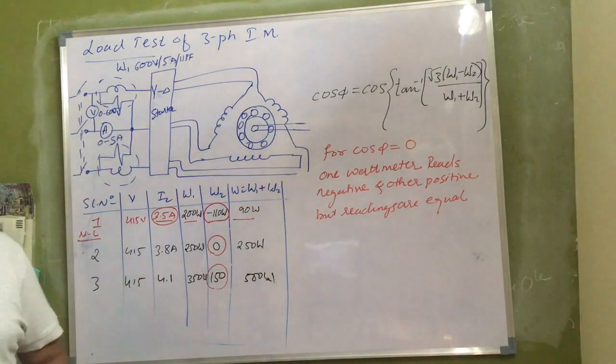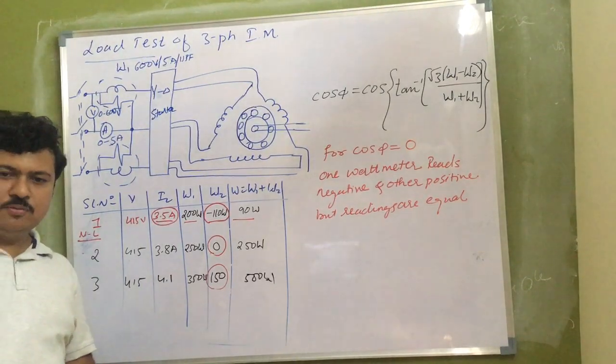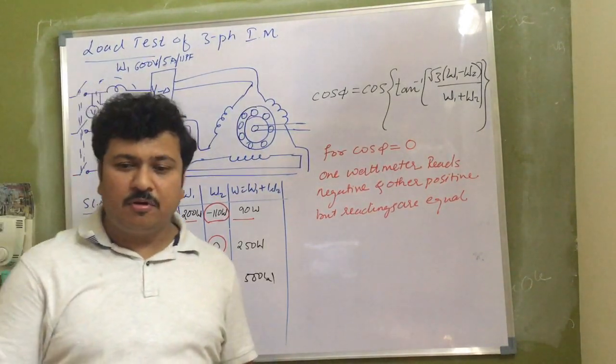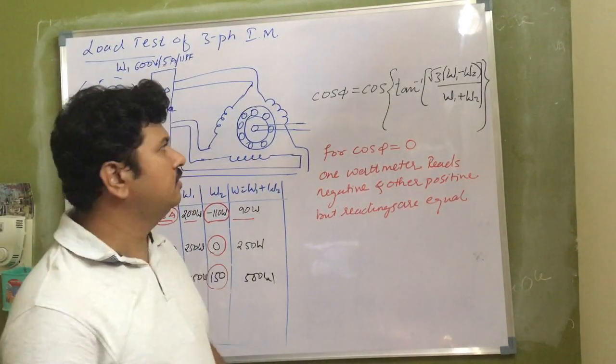If one wattmeter is showing minus 100 watts and the other wattmeter is showing plus 100 watts, it means the power factor will be 0. Why will it be 0?